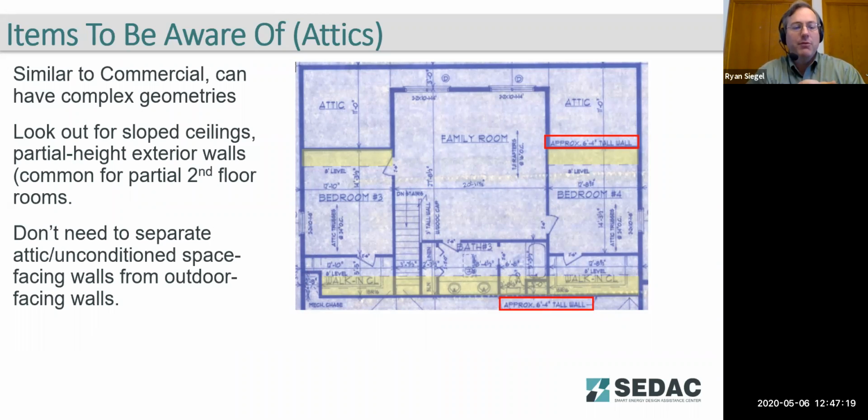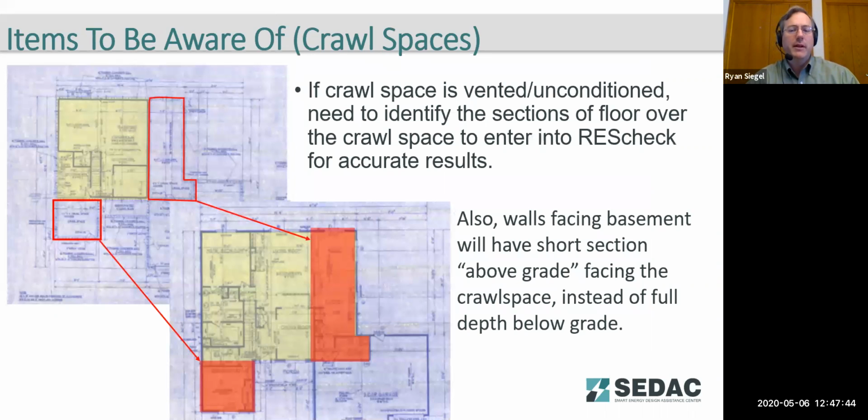So you might have 3 different geometries to enter. Attics and unconditioned spaces are not part of the conditioned area, and so you wouldn't count walls between attics and the outside if they're unconditioned. So be aware as we're going through and entering that.